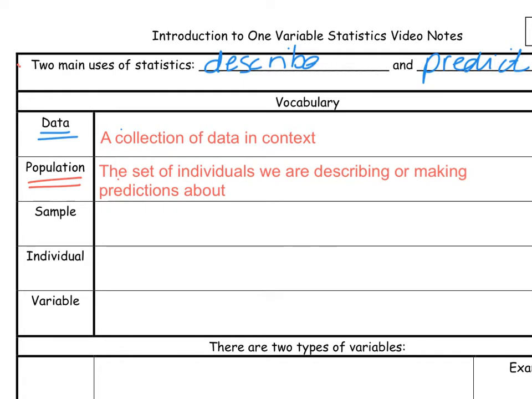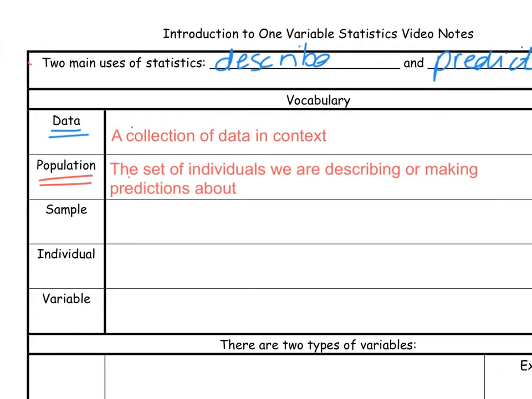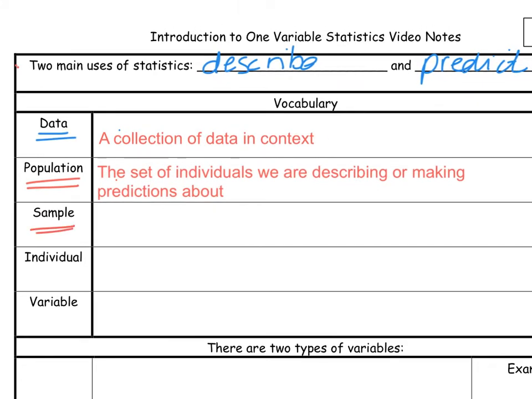Then we can take a sample of that population, and a sample is just a subset of the population of that data. So maybe if they're at the mall taking information, they're just going to look at women or men or children or teenagers. That would be a sample of the particular population of all those people at South Point Mall.